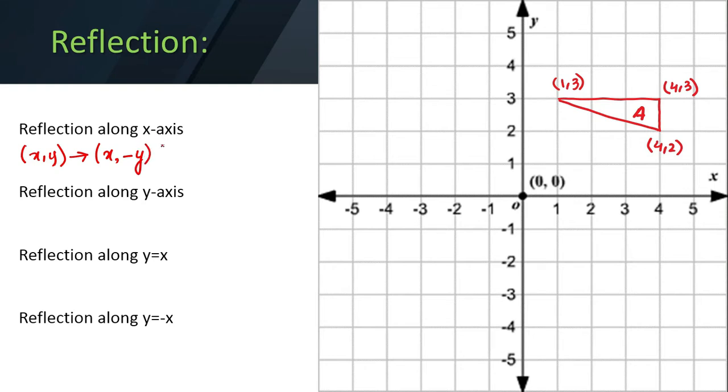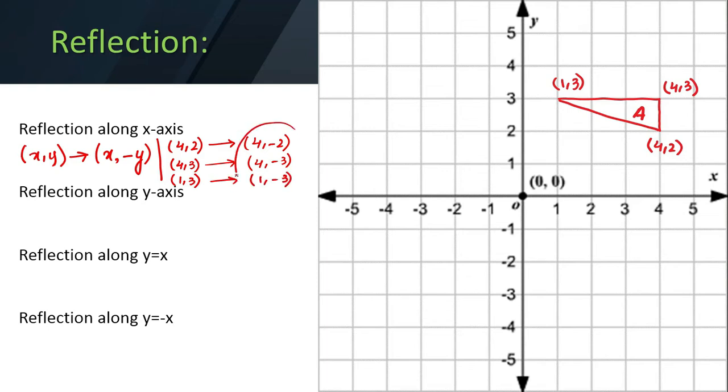For example, here we have (4, 2). So the value of x is 4 and the value of y is 2. So it will be (4, -2). Then if we have (4, 3), it will be (4, -3). And the last one is (1, 3), so it will be (1, -3).